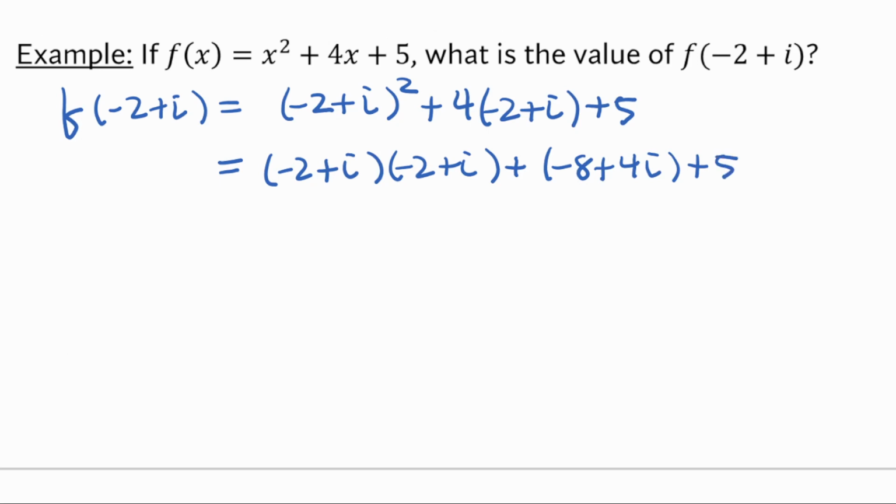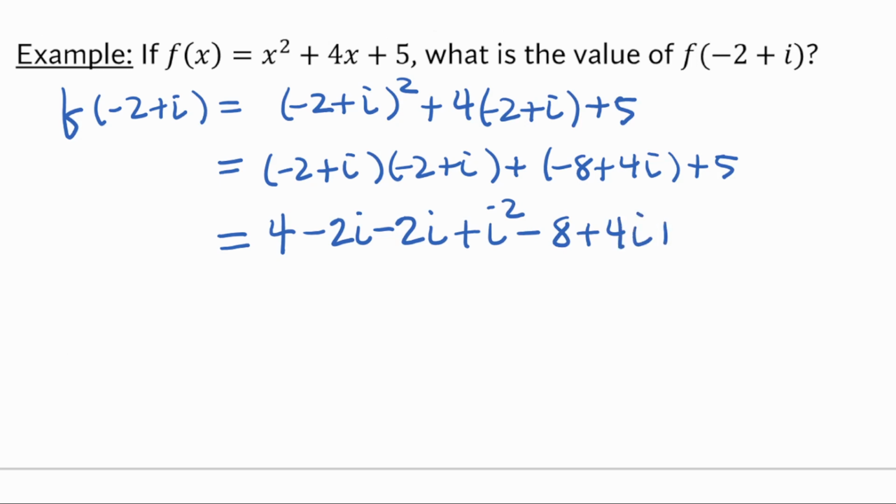And then if I was to actually square this, I get -2 times -2 is positive 4, negative 2i minus 2 more i, and then plus an i squared, and minus 8 plus 4i plus 5.